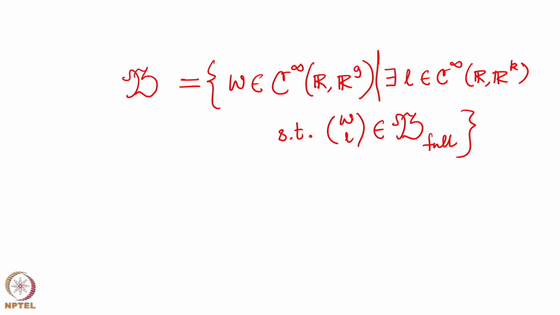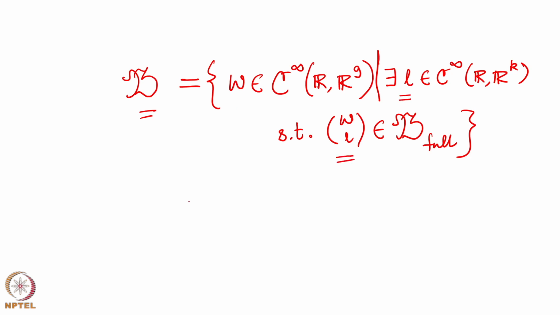The legitimate question to ask here is that, okay, this is the description of B. This is like an implicit description of B, where we do not say what equations W satisfy. We just say that it is a collection of all those W's for which I will be able to find out an L, so that together they satisfy some equation.